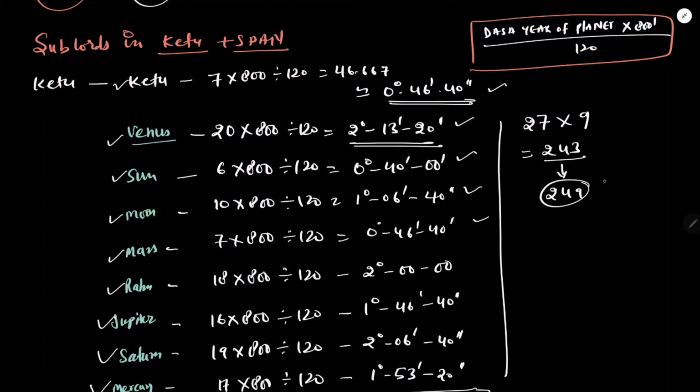Why so? Because 6 sublords are repeating in the next sign. Who are those planets or sublords? We will see in a few minutes. So in total, we have 249 sublords, and in KP we have the 1 to 249 table, which is very useful, and we use this table for everything, like assessing the horoscope or horary.